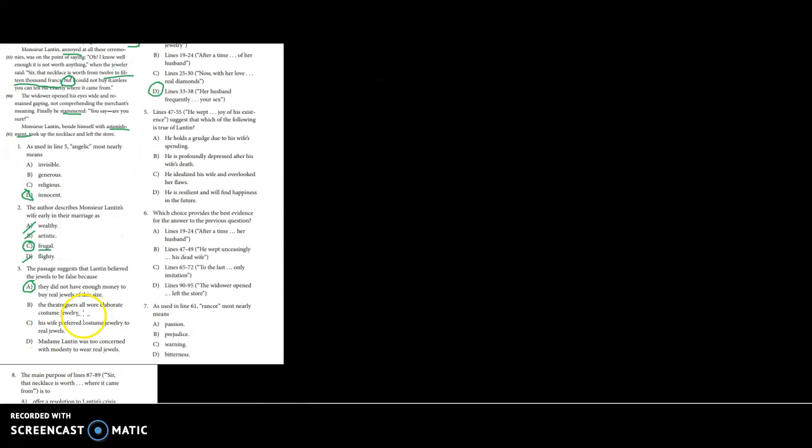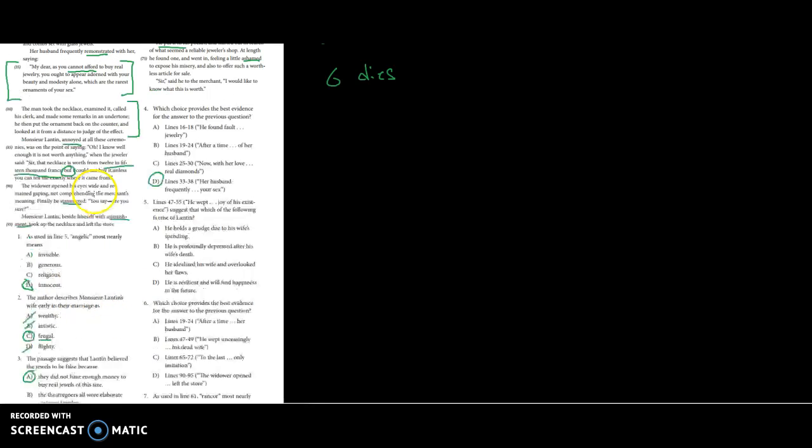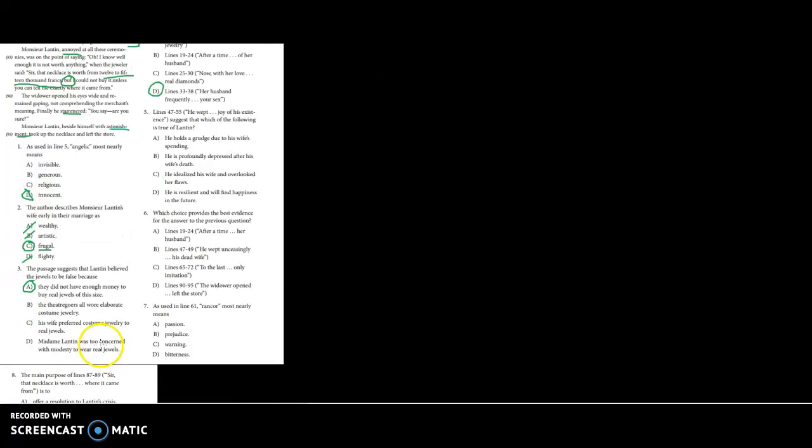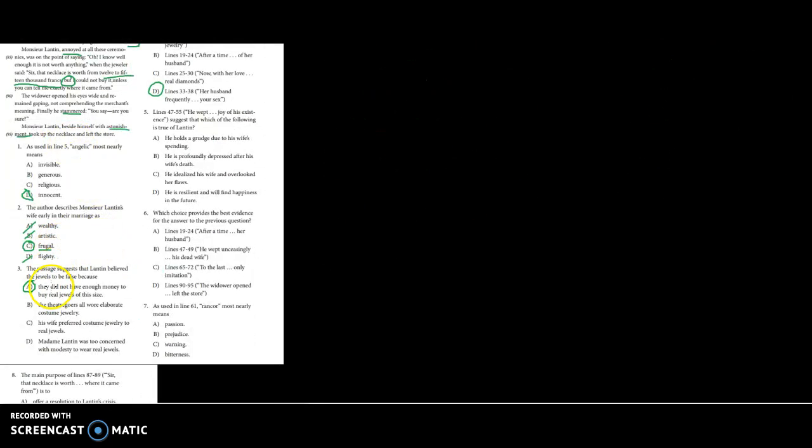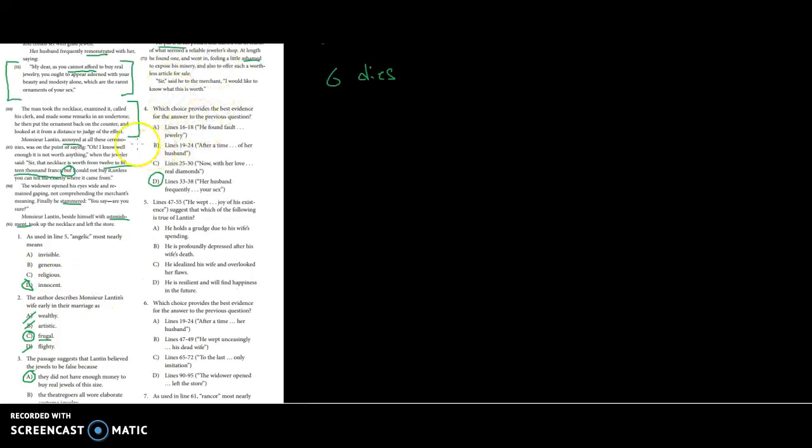Where does it actually say that she prefers to wear costume jewelry to real jewels, or whatever your answer choice might be? If you can't find something that matches with it, then we know that choice has to be wrong. So just be very careful with those. But usually, if you've mapped out your passage pretty well, you should be able to answer the first question right off the bat, and then you know that the other passage lines fit with that.